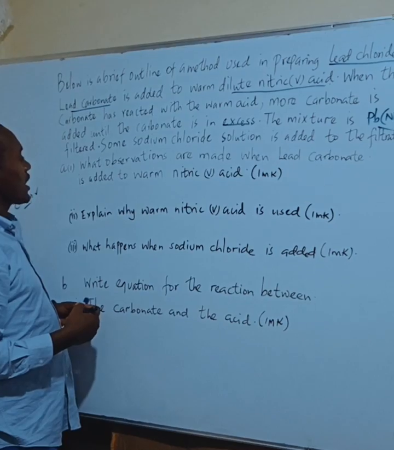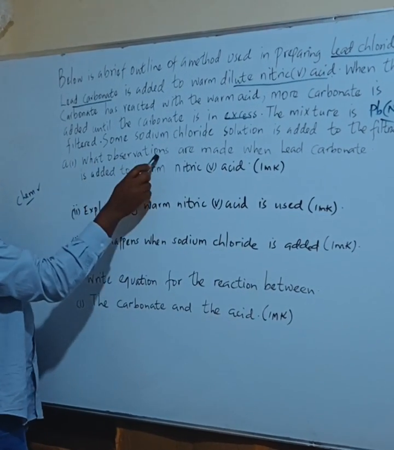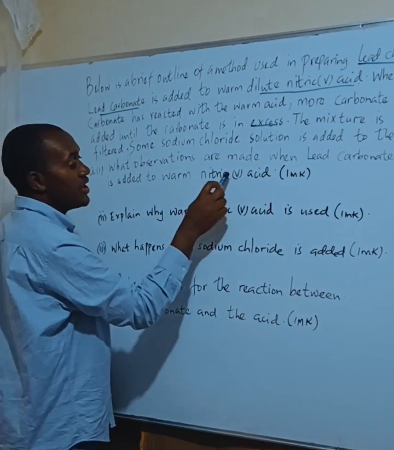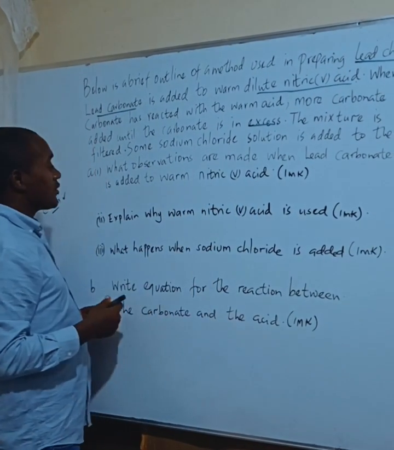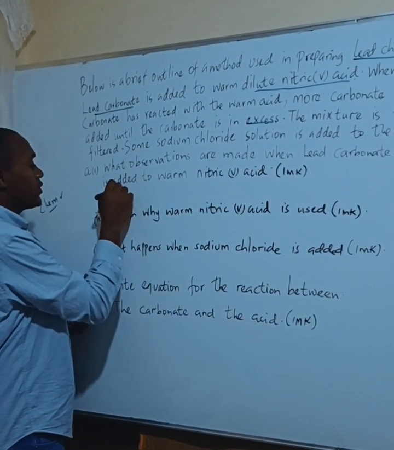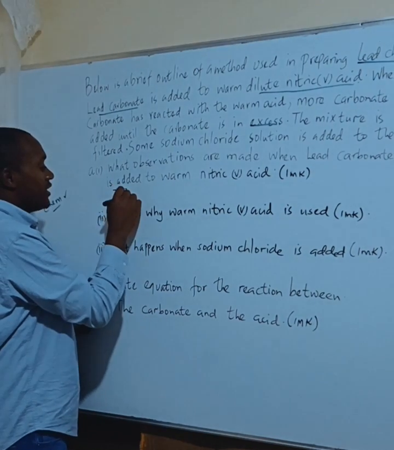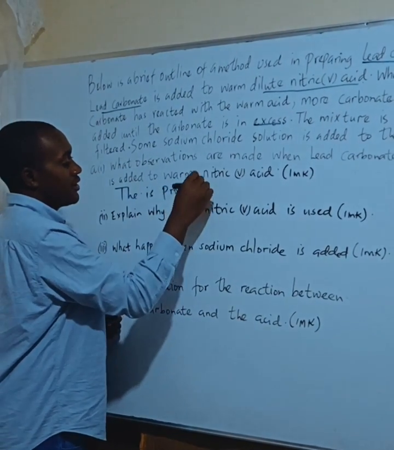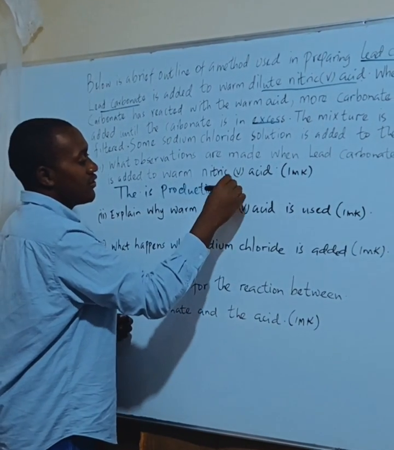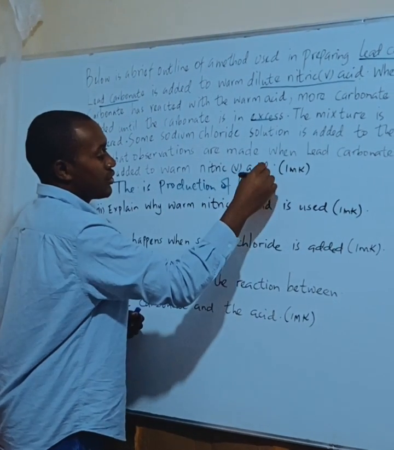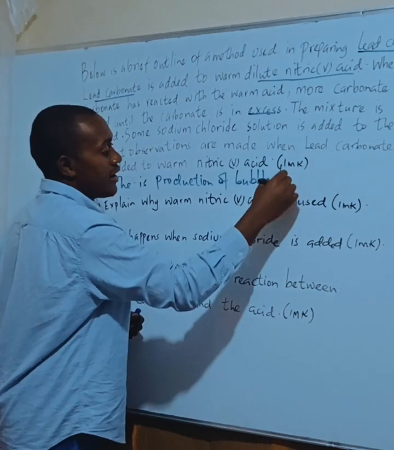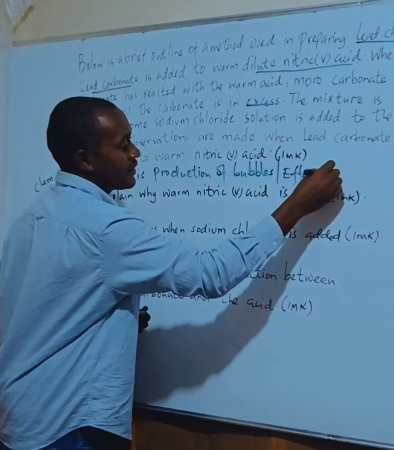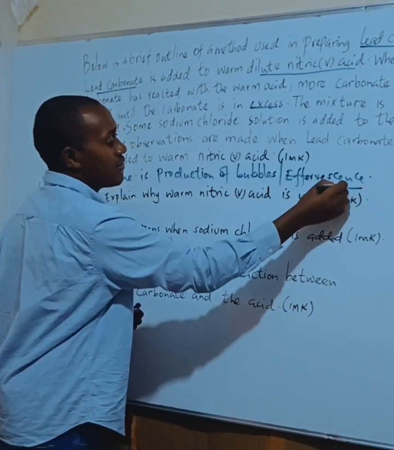So the questions come in. What observations are made when lead carbonate is added to warm dilute nitric acid? What we see is production of bubbles, or effervescence.